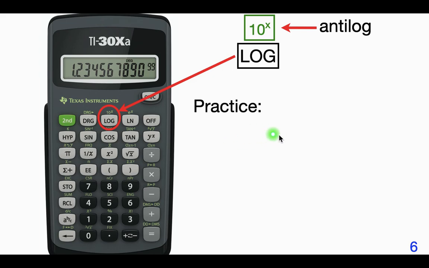So practice. Get out your calculator, and we're going to do this together. And please pause the video as needed. All right. On your calculator, type in 1000, and then hit the logarithm key. When you hit the logarithm key, the answer will be 3.